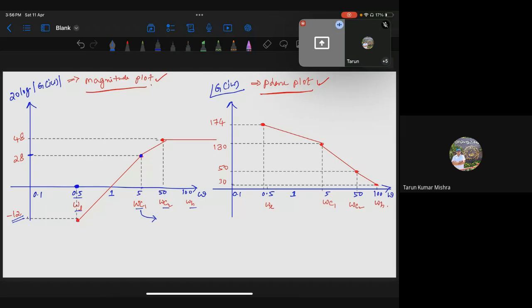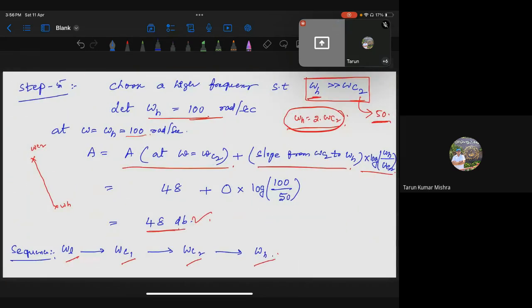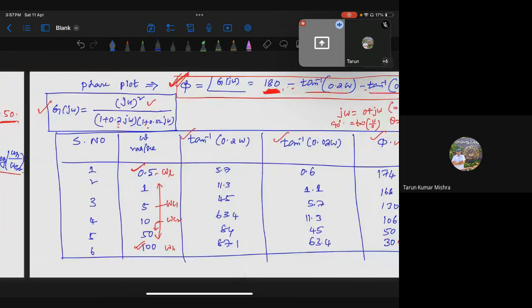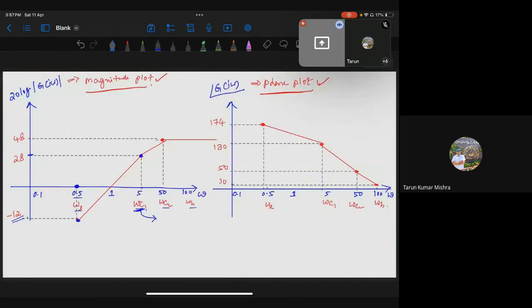So you connect these two points with this straight red line. Omega C1 is 28 dB. Omega C2 at 50 is 48 dB. So this is 28 dB and this is 48 dB.